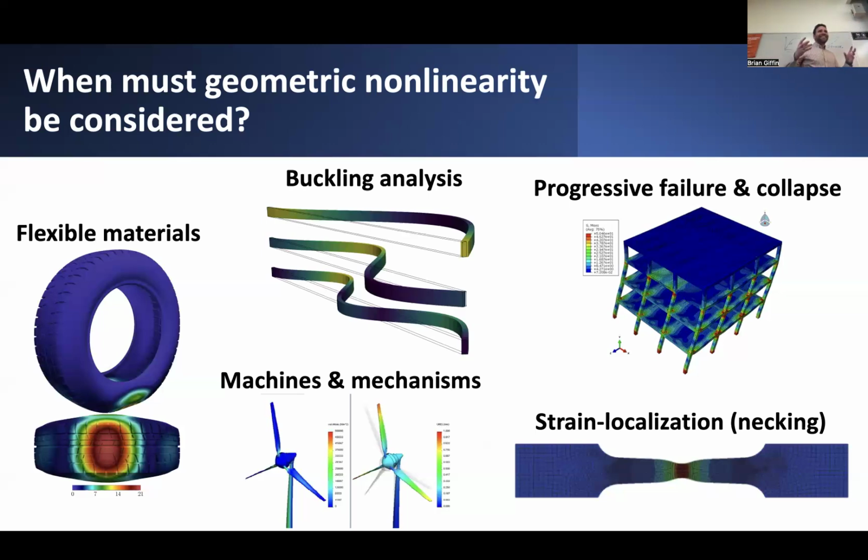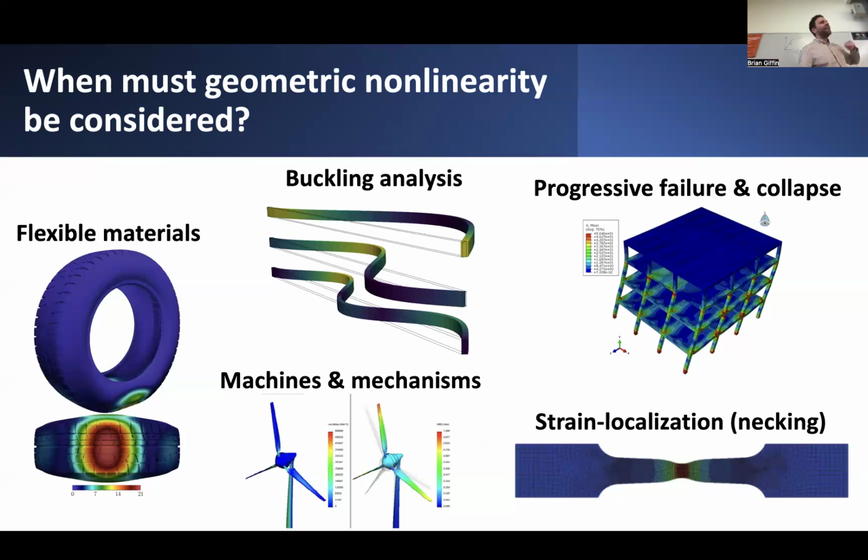Even though the strain in the individual blades of this turbine may not be particularly large, if even just the rotation of some object becomes large, that still qualifies as large deformations and requires that you include these large deformation effects.